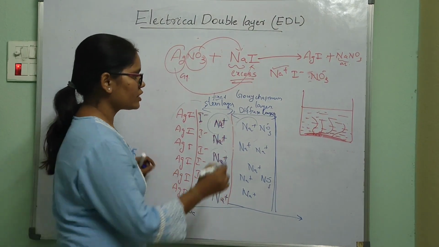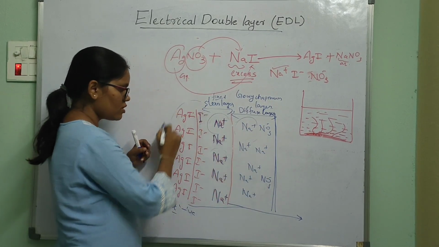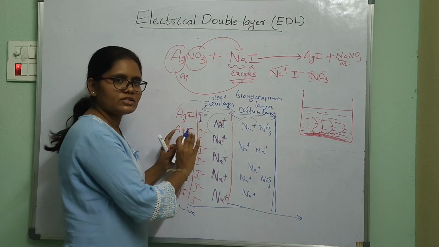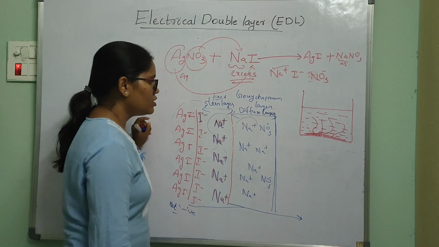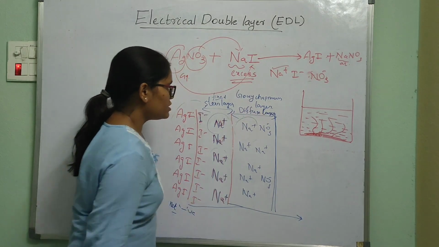Where were we? Okay, there will be some more positive ions attracted from the solution since all the charge on this colloidal particle is not being neutralized. This layer is called Gouy-Chapman layer and diffuse layer.